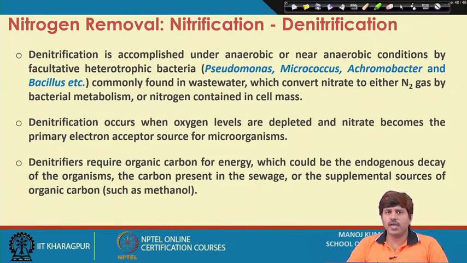These denitrifiers require organic carbon for energy, as we were just seeing that they can use the organic carbon present in the wastewater itself. If nothing is present, the endogenous decay of the organisms could itself provide a source of organic carbon. However, for a faster rate it is preferred that there should be some carbon source present in the wastewater.